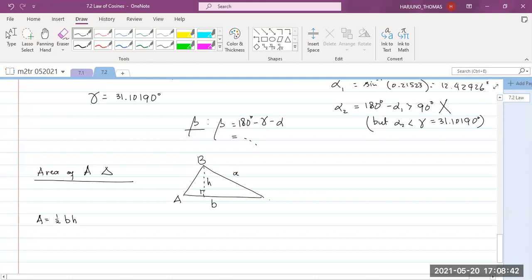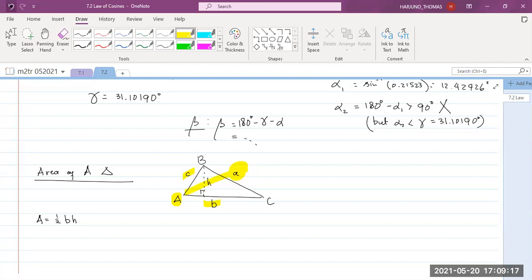Now, suppose what we know are two sides and one angle. Suppose I know side B, side C, and angle A, the included angle. Notice that this configuration is exactly the same configuration we started the law of cosines with. If you know two sides and the included angle, then you can use the law of cosines to find the opposite side of that angle, right?